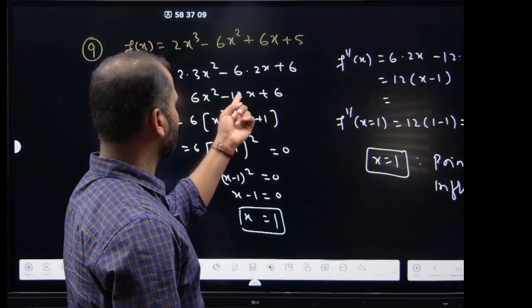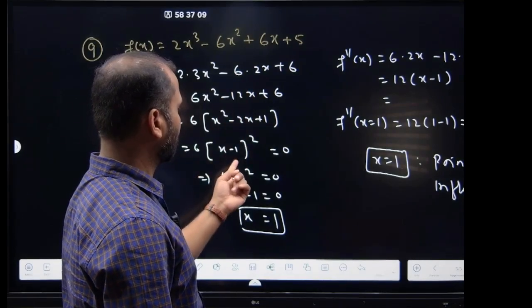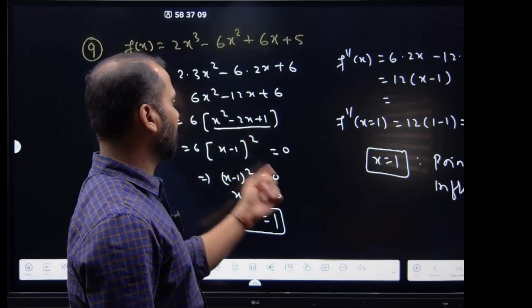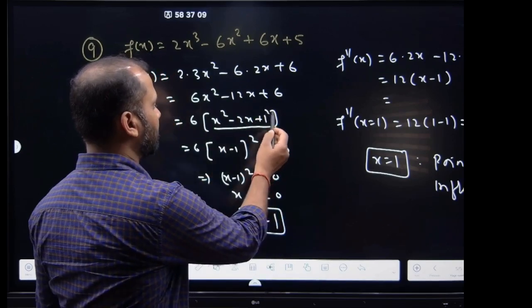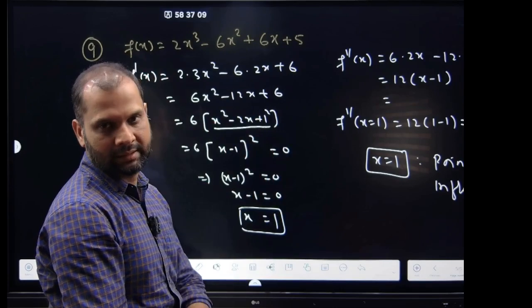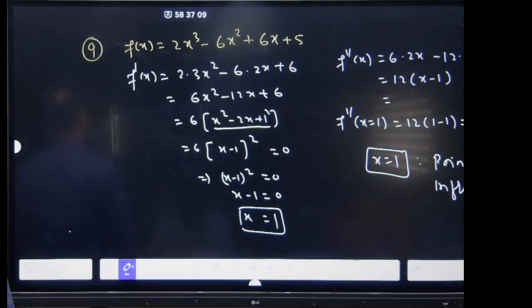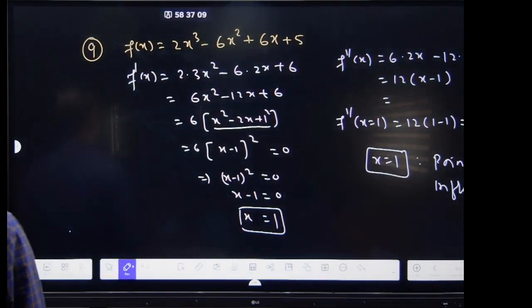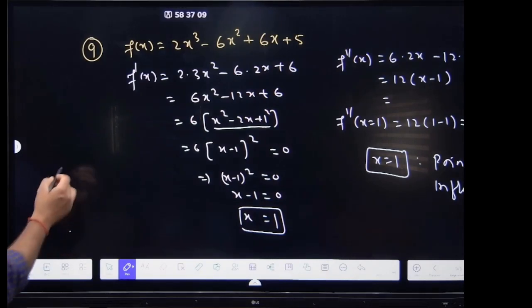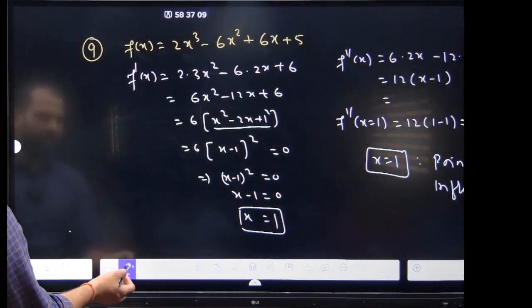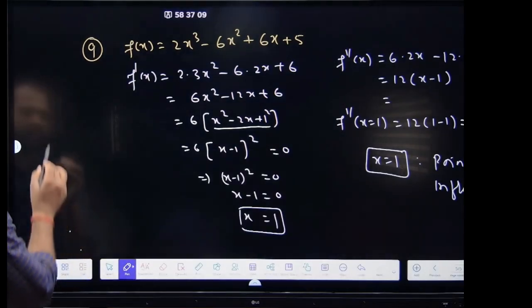X, this one or this one? This one. This one is nothing but a square, this is nothing but b square, and this is 2ab. A square plus b square plus 2ab is equal to nothing but a plus b the whole square. Do you know this formula? Which formula am I using? This one I am using, just see here.